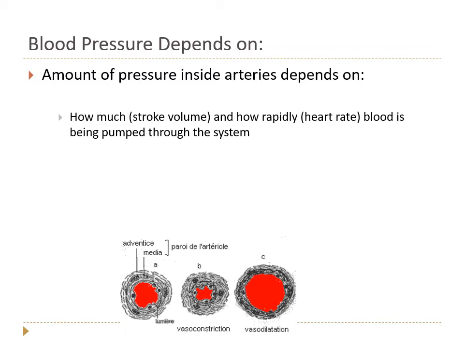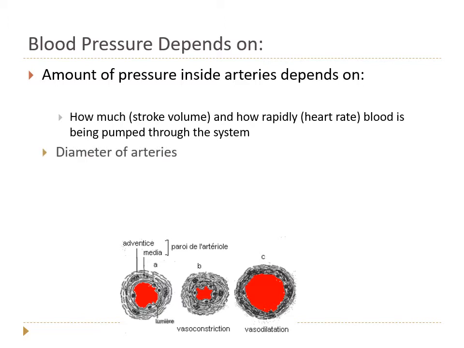So how much blood is the heart actually pushing through, which would be the stroke volume, which is the volume of blood during a heartbeat, and then how rapidly is the blood being pumped through the system, right? So how many times per minute is your heart beating? So blood pressure is going to depend on how much the heart is pumping and how quickly the heart is pumping.